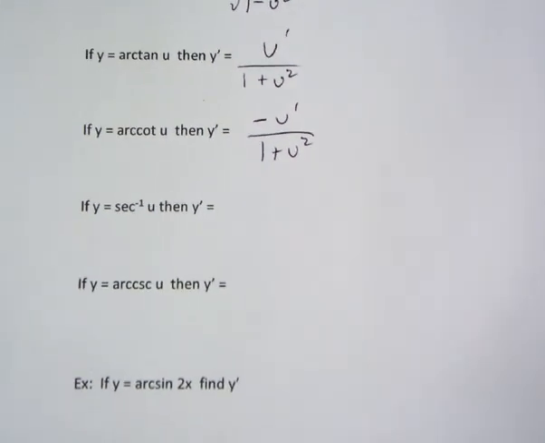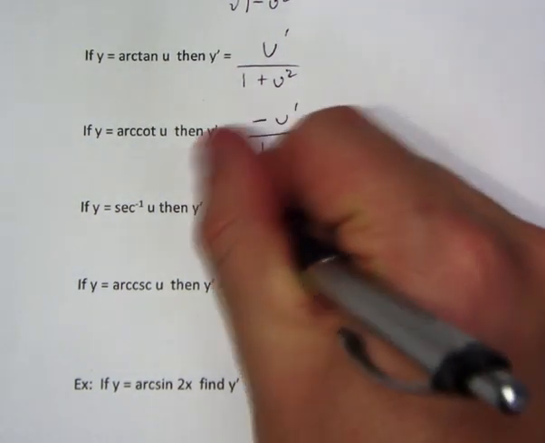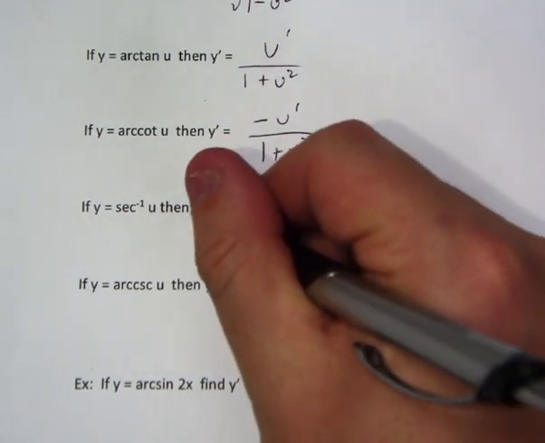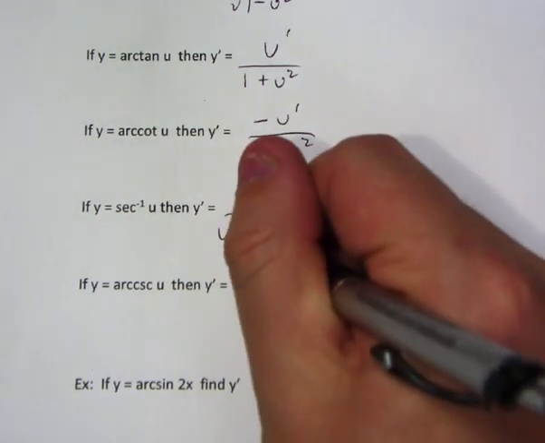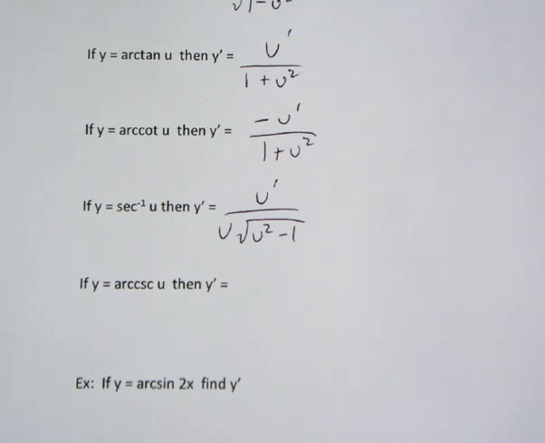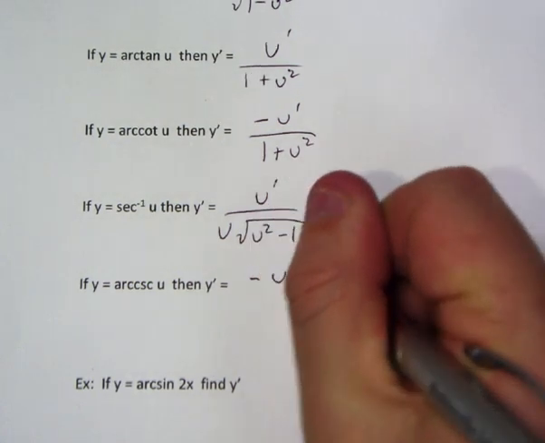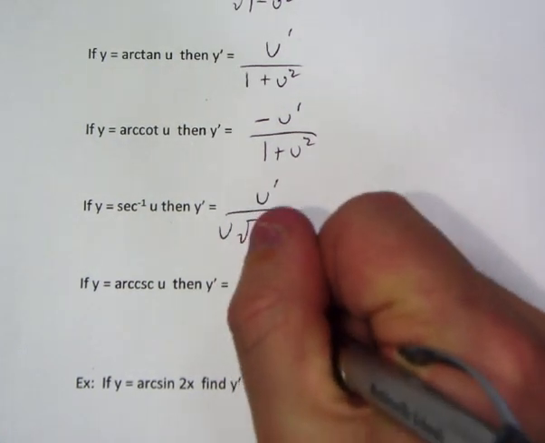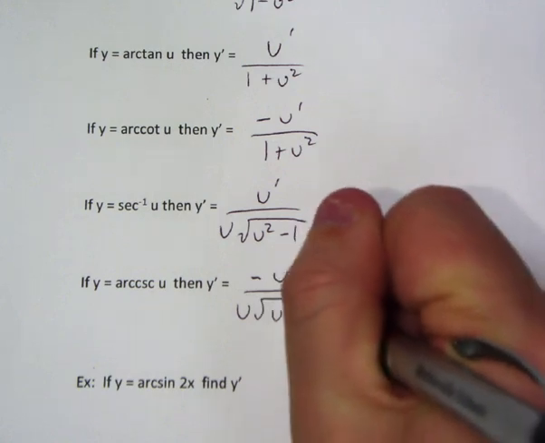The last two, the derivative of inverse secant is going to be u prime over u times the square root of u squared minus 1. And then arc cosecant, the derivative is negative u prime over u times the square root of u squared minus 1.